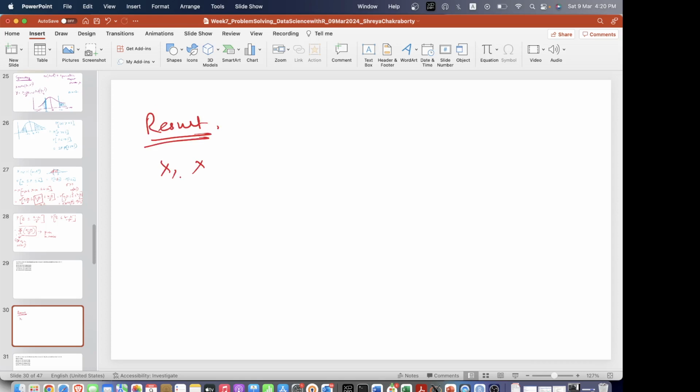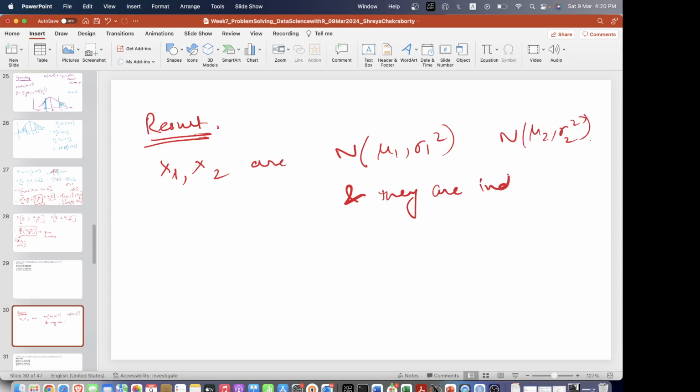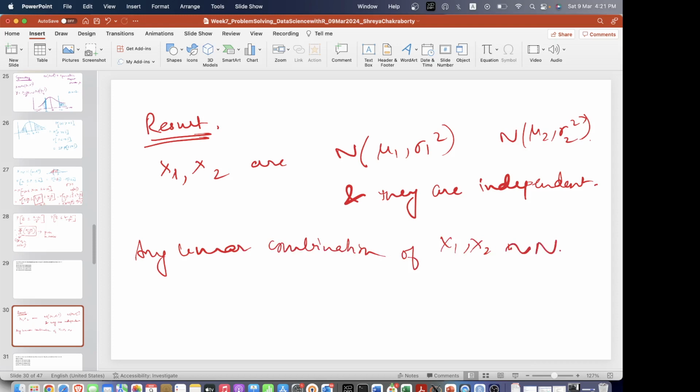Okay. So the result is, if x1 and x2 are both normal distributions with mu1, sigma 1 square and mu2, sigma 2 square, okay, and they are independent, then any linear combination of x1 and x2 will also follow a normal distribution. Okay.